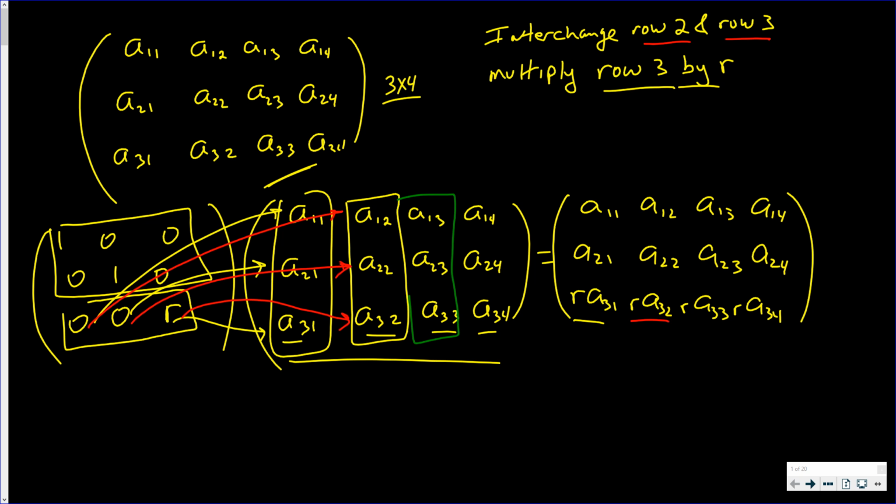Their sum is 0. Plus r times A34. 0 plus 0 plus r times A34 is r times A34. Got just what I wanted. Works like a charm.